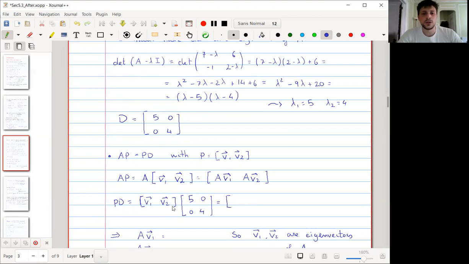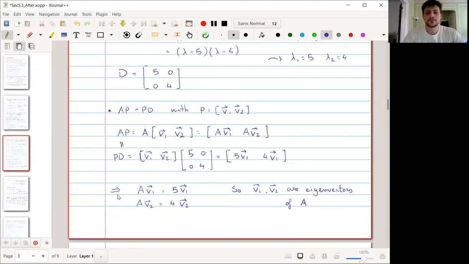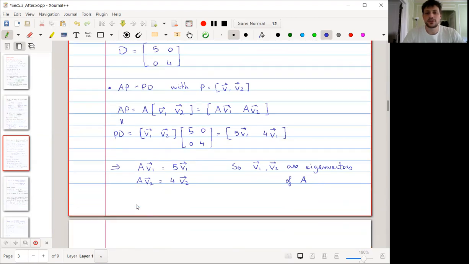If you compute this product, that's nothing but 5v1 in the first column and 4v2 in the second column. In other words, for these two things to match, what we need is that Av1 is equal to 5v1 and Av2 is equal to 4v2. This is just another way of saying that v1 and v2 must be eigenvectors of the matrix A. That's exactly the definition of eigenvectors.